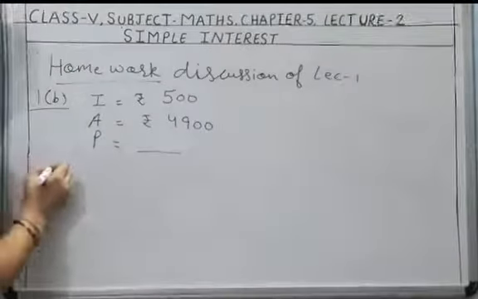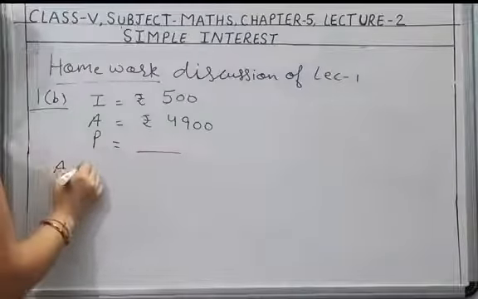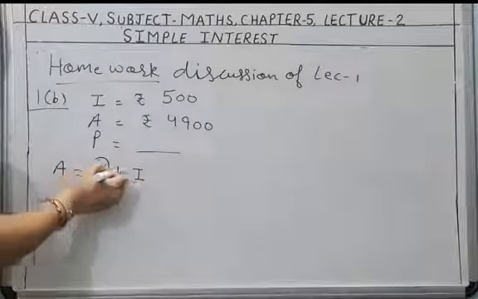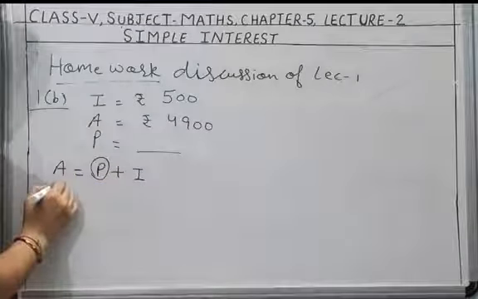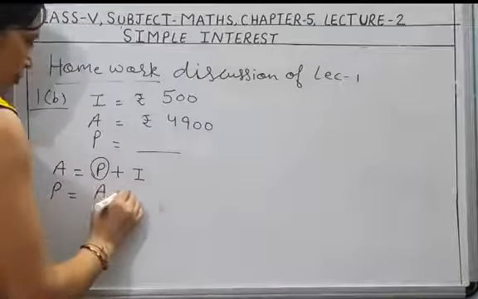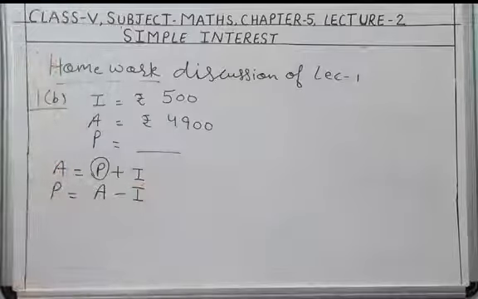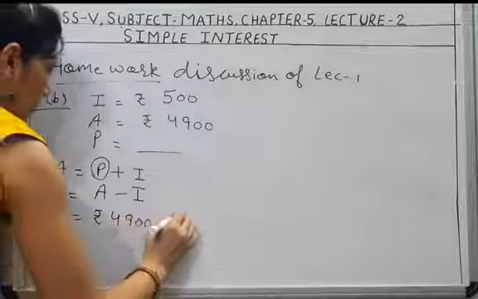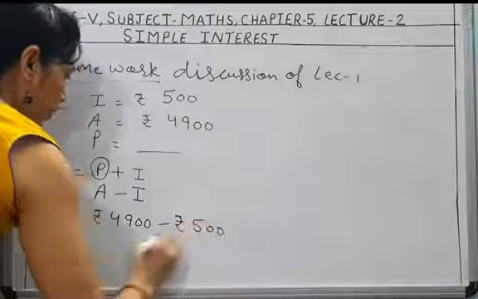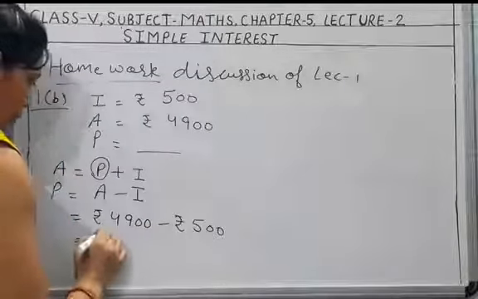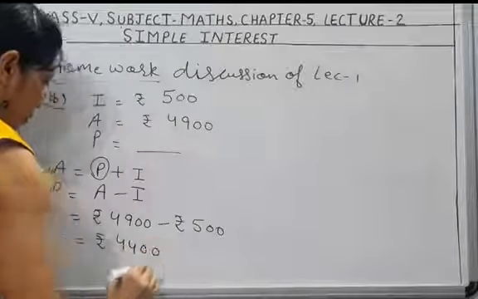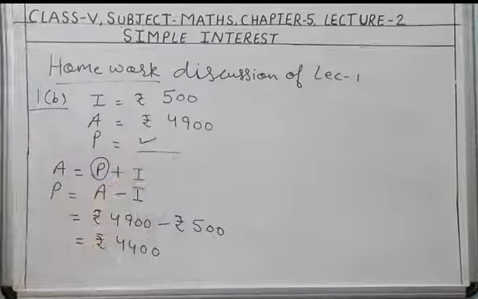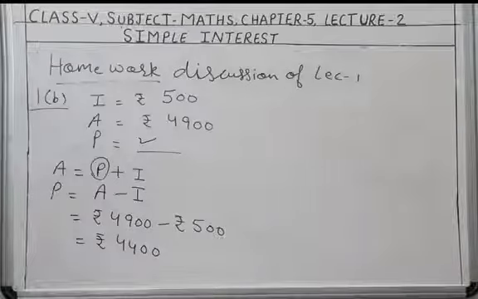So you have to calculate principal. Amount is equal to principal plus interest. As we have to calculate principal, now interest will shift here. So principal is equal to amount minus interest. So amount minus interest, rupees 4,900 minus rupees 500. 49 minus 5 will become 44. So principal will become 4,400. The space is provided in the book. You have to fill the answer there. Okay.